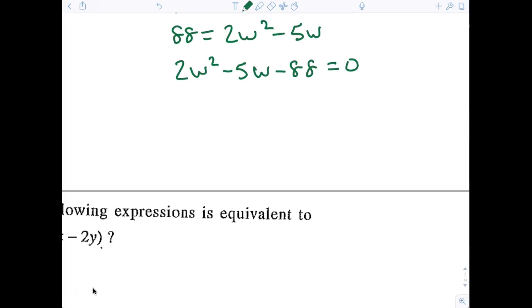So the sign's wrong. You see that? See how it should be the other way? It should be minus this and plus this, because I want the 16 to be negative, right? You understand that?